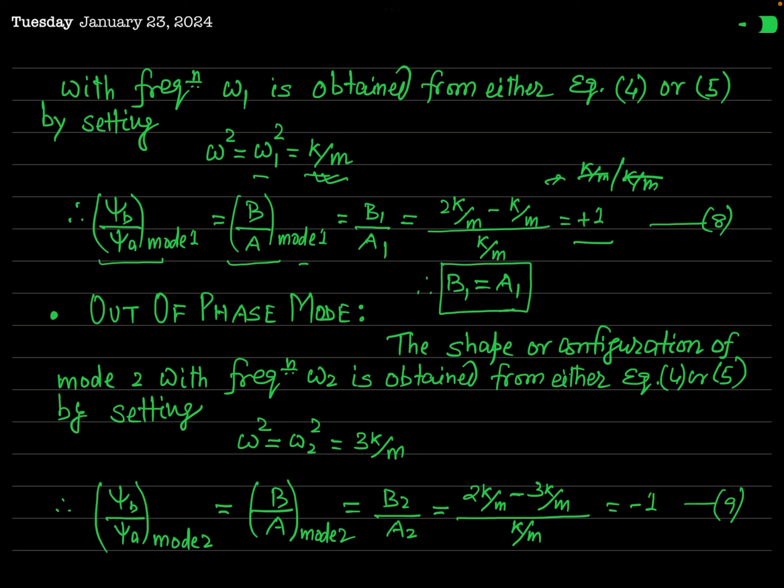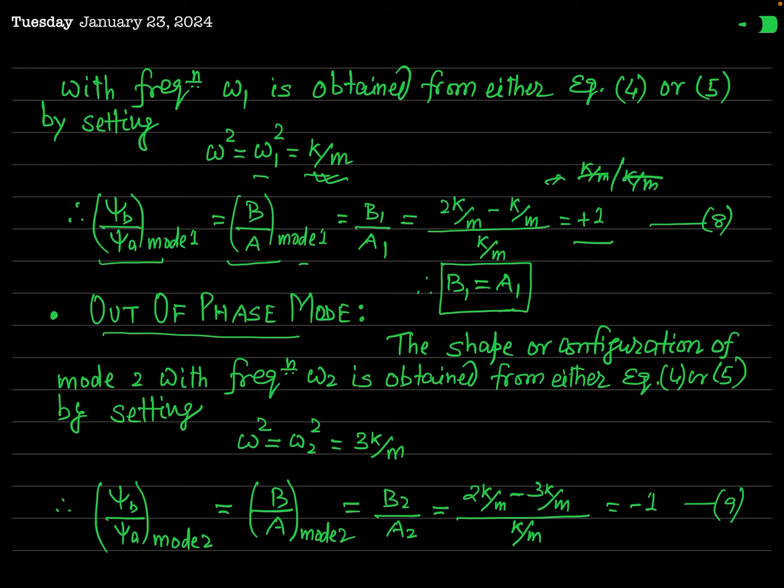Now we will see the frequency and the shape or the configuration of the second mode of vibration, which will be called actually out of phase mode, because in this case you will see the two masses will oscillate in anti-phase, that is, there will be a phase difference of 180 degree between them.